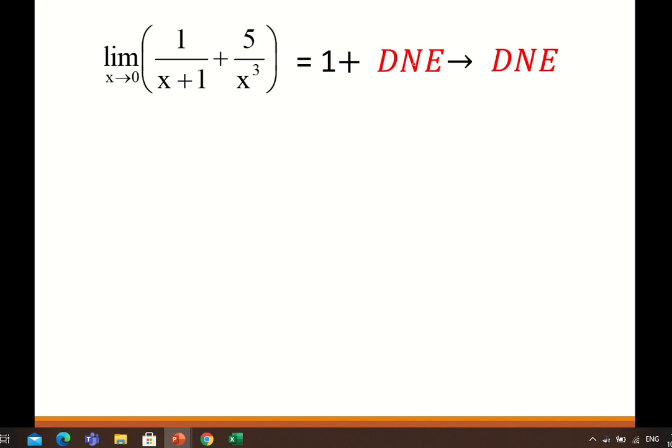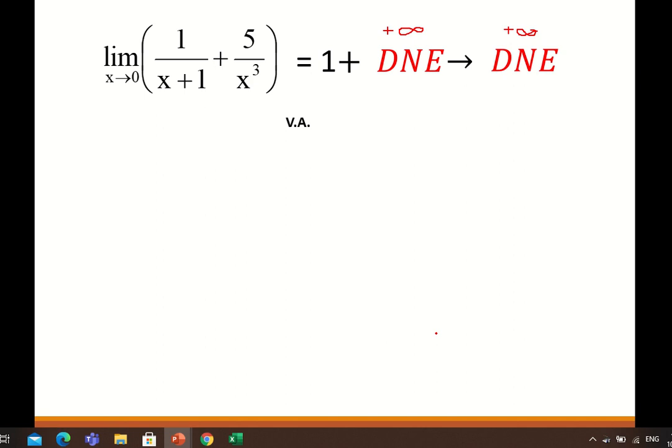So we have 1 plus infinity, or does not exist. Or you can say this is plus infinity. So this indicates a very huge number which does not exist.